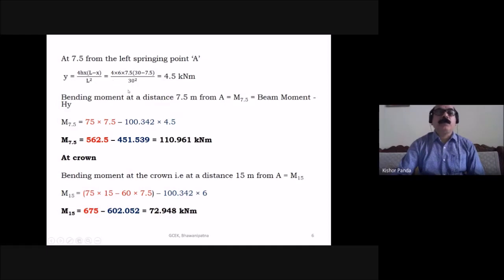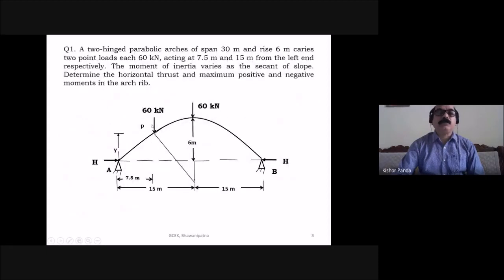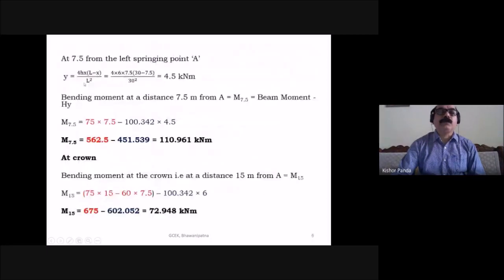So here we'll find the distance Y at this loading position. You don't know the Y distance, but you know X is 7.5 meter. You have to find this Y, the vertical ordinate at the first loading position, 60 kilonewton, using the parabolic equation. 4 into 6, height of the parabola is 6, x is 7.5, L is 30, so 4 into 6 into 7.5 into (30 minus 7.5) divided by 30 square.